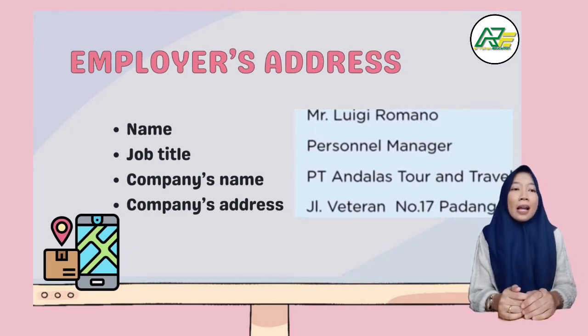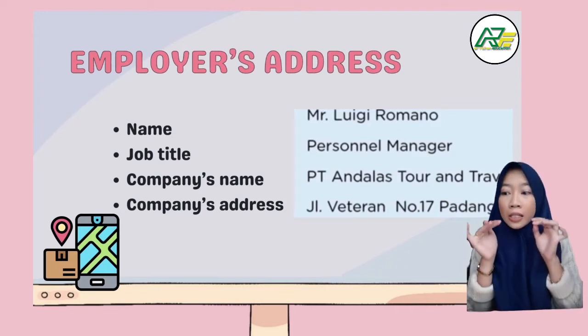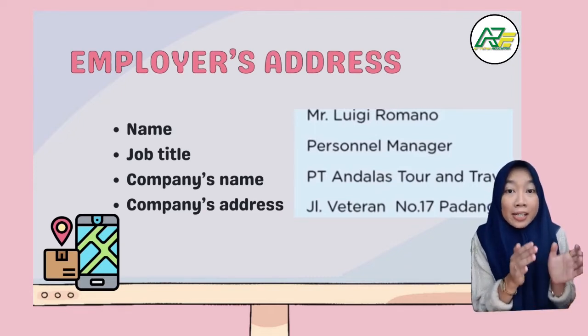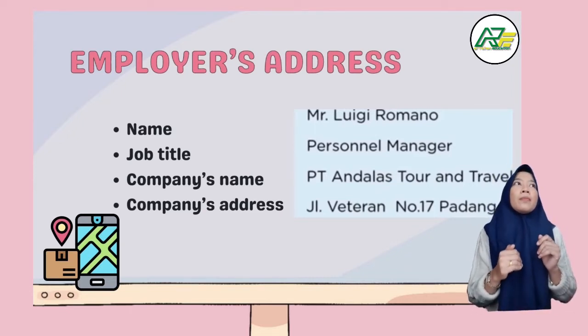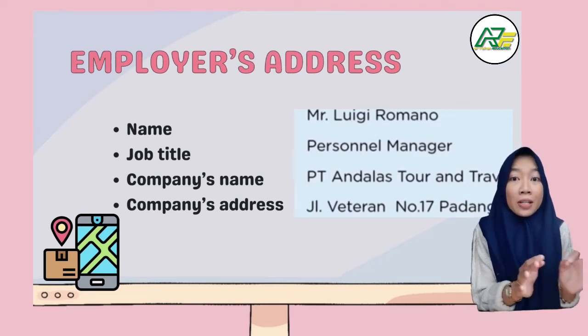Okay, and then after the name, I have to write down the job title. Okay, the job title of the receiver or the recipient. For example, I want to send this letter to Abi Zayat. So the job title is the headmaster.